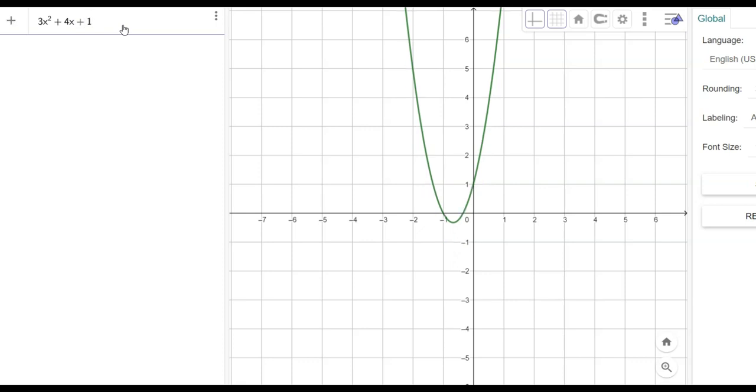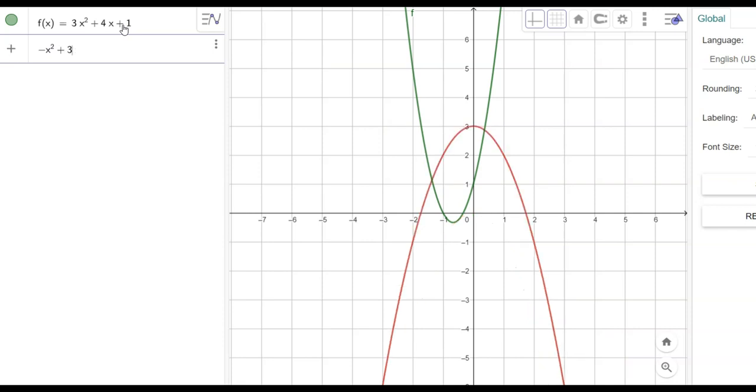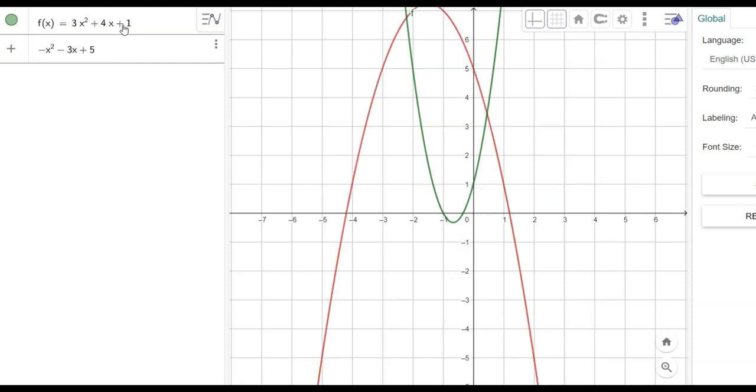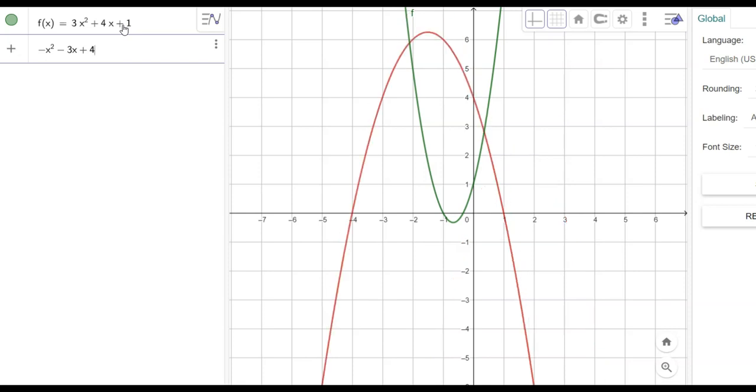Then we see the graph shown here. Or if we take another one, minus x squared plus 3x plus, we could take minus here, plus 5 or 4. Then we see we get this one.